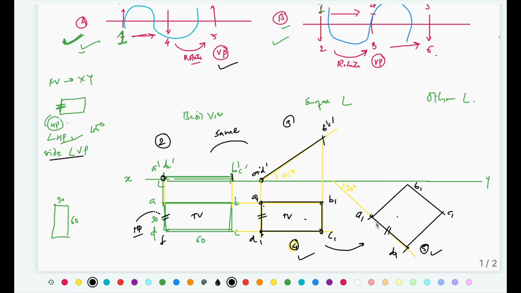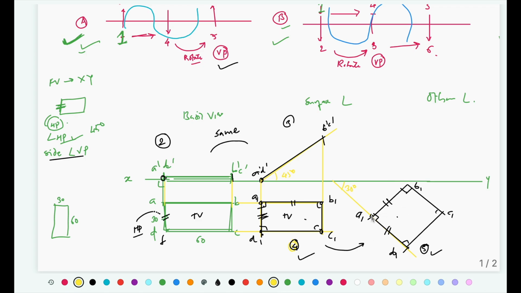The length of A1 D1 must be equal to the length of A1 D1, the length of A1 B1 must be equal to the length of A1 B1, and if the angle between two adjacent sides is 90 degree, then the same angle has to be replicated in step number 5 also.